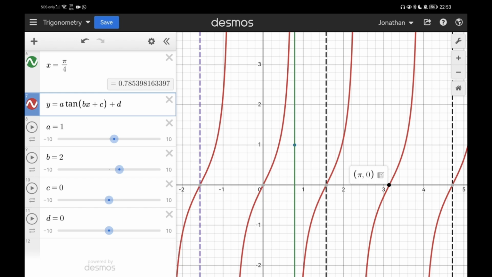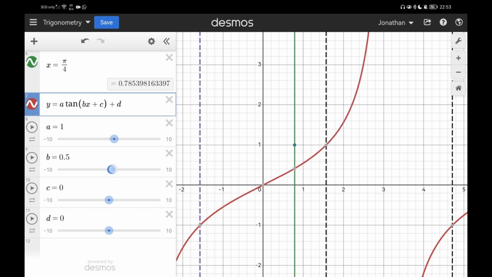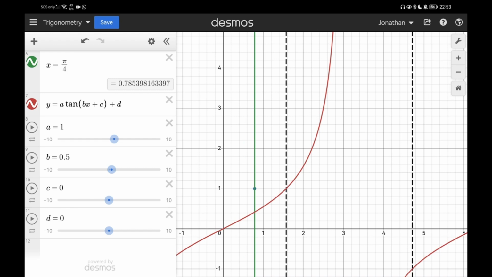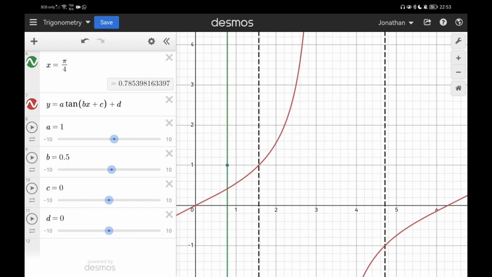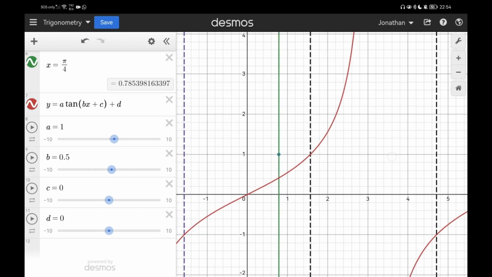So let's change the b to less than 1. What will you see is that you just need a half cycle to reach 180 degree.